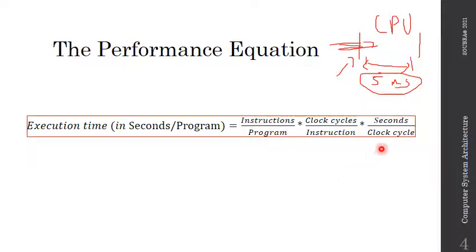Let's move on to the next part and try to find out whether it's software or hardware related. So seconds per clock cycle: how many seconds will a clock cycle be made of? This has the feeling of the frequency of a computer, and the frequency of a computer is a hardware component.